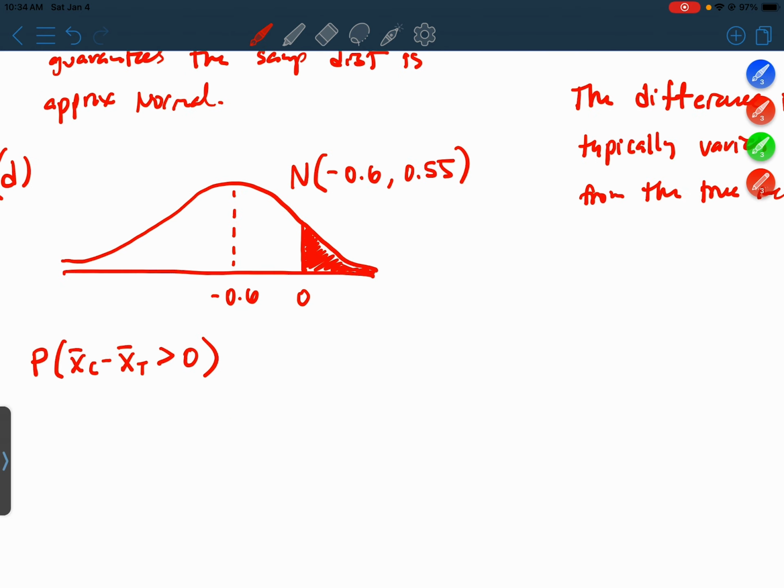All right, and now we're just going to use our traditional skills with normal distributions. We're going to standardize, aka find the z-score, and then use table A to get that area. All right, so value minus the mean, so be careful here, you're subtracting a negative, divided by the standard deviation. So that's really positive 0.6 divided by 0.55, 1.09.